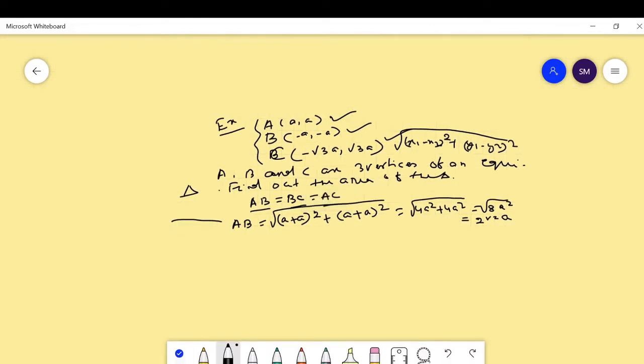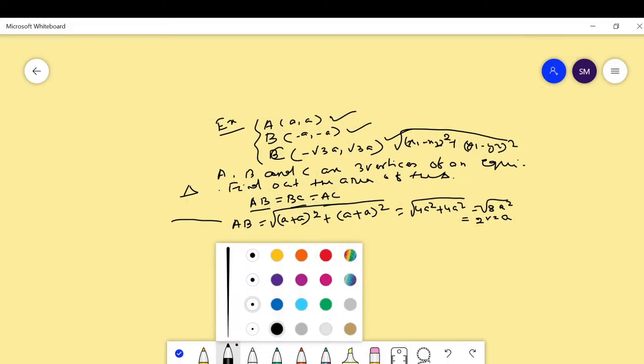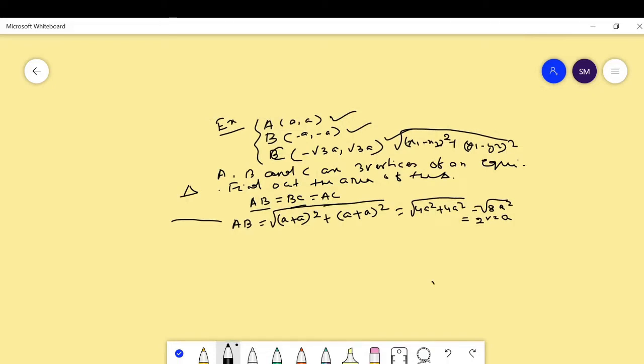Here we find the length of AB is 2 root 2 a.